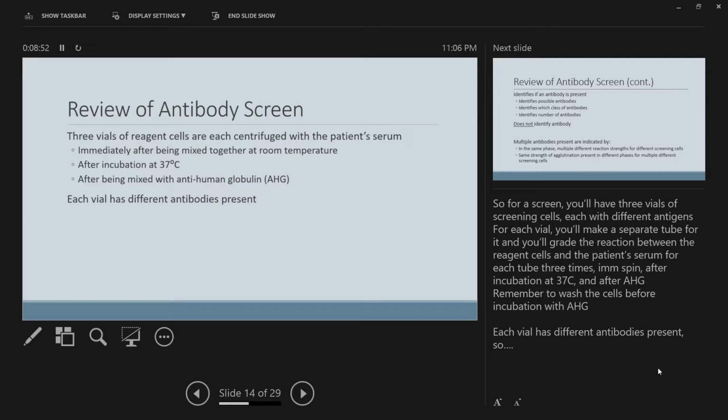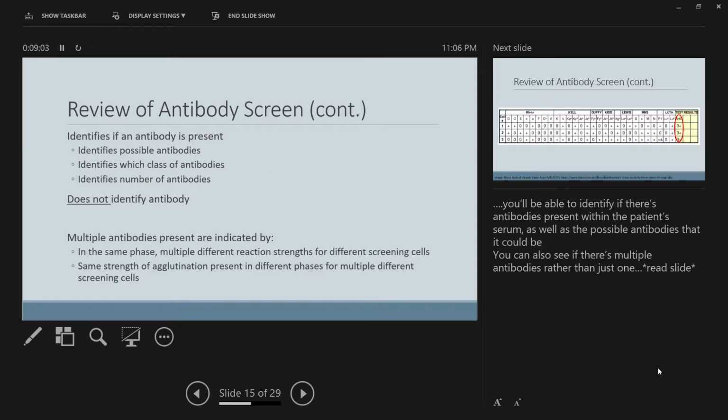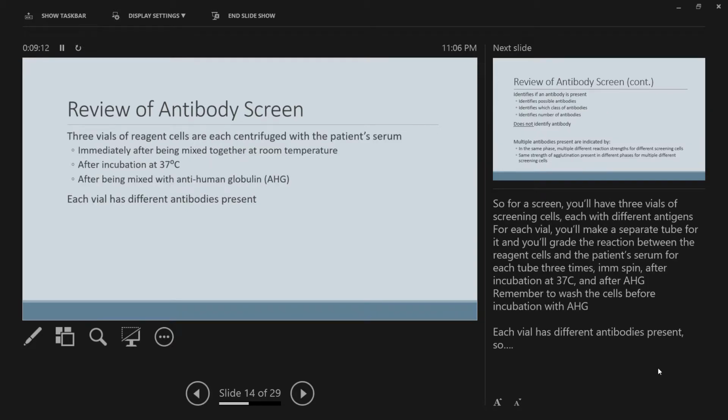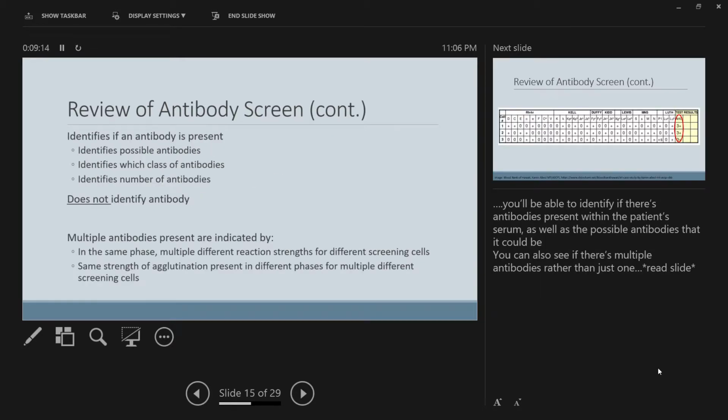And the way this helps out is each vial has different antigens present on the cells.